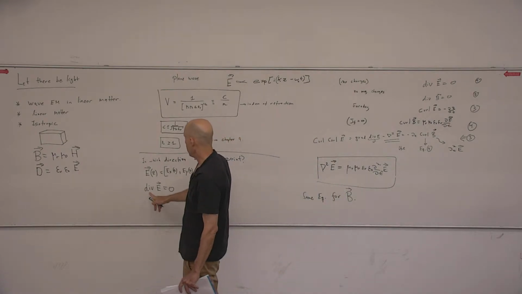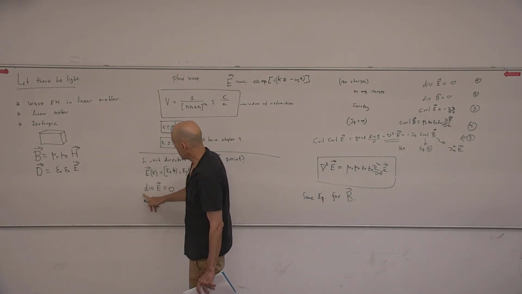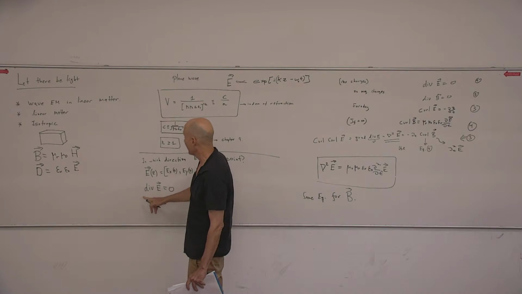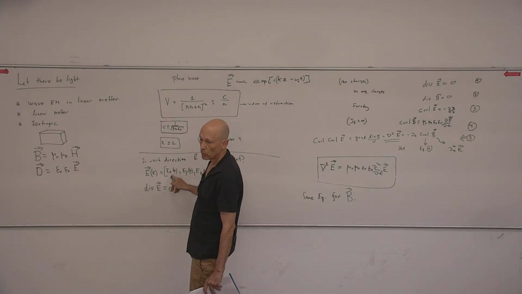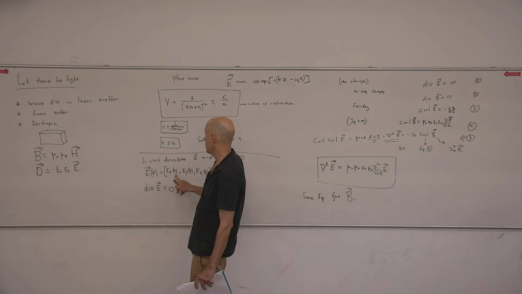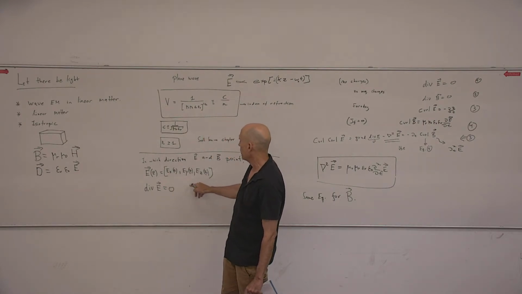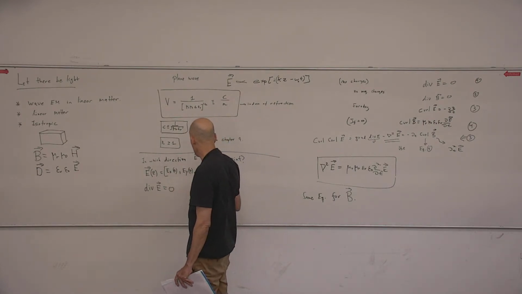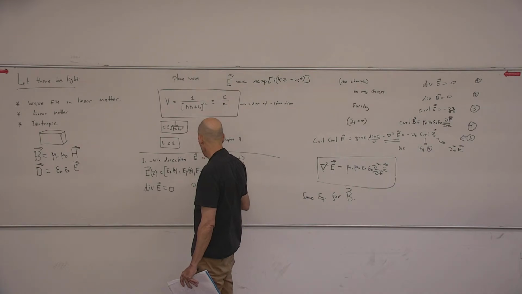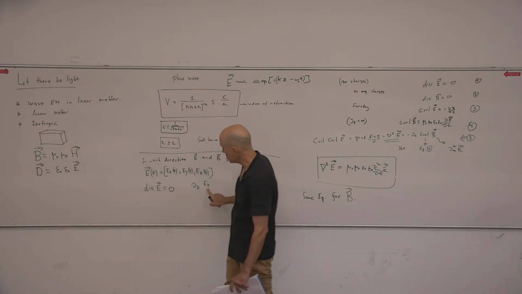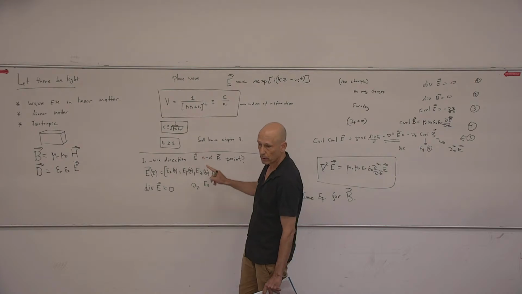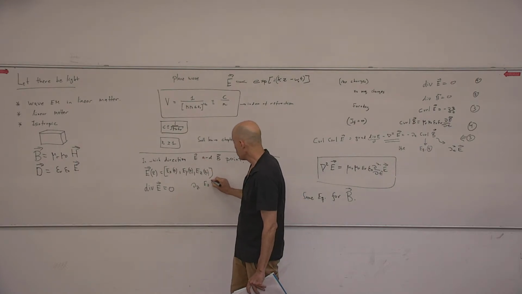Now, if I take the div, the derivative with respect to x of Ex is 0, because Ex depends on z, and similarly with Ey. So here I get d/dz of Ez, where the index z is the direction of E. It's a function of z. This is equal to 0.